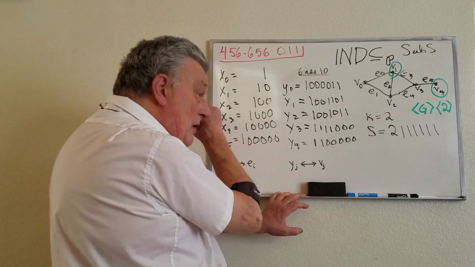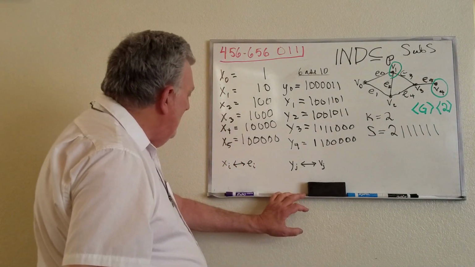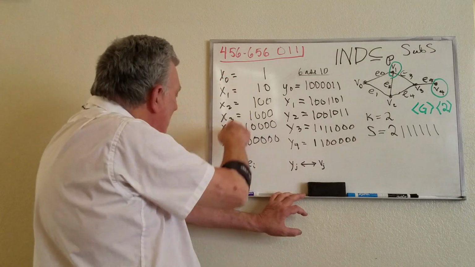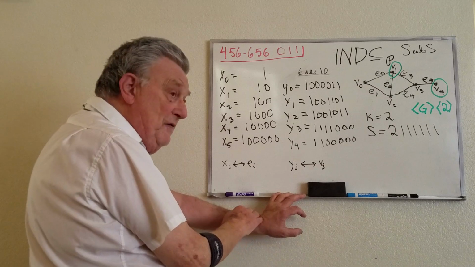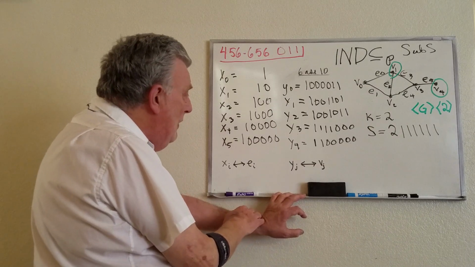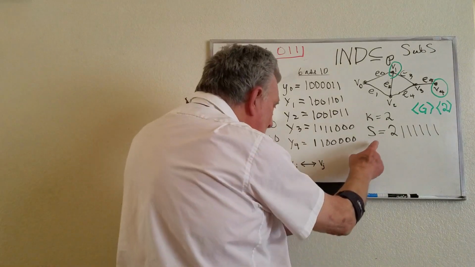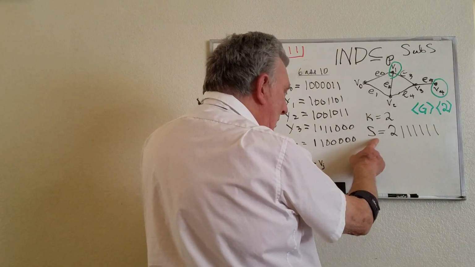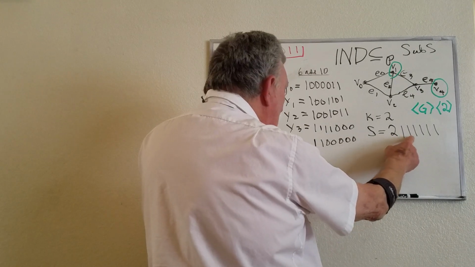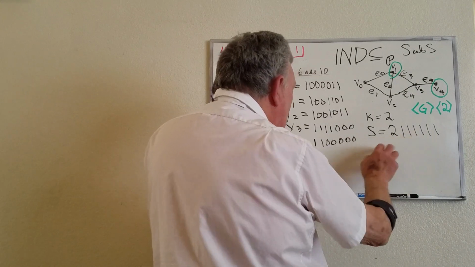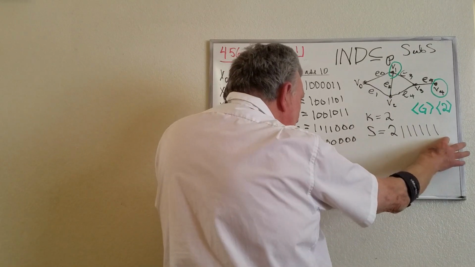So in fact, we're going to have a sequence of length 11 because we have 6 numbers here and 5 numbers here. Of that set of 11 numbers, we want a selection that totals equal to S, a given sum. And that sum will be written as 2, 1, 1, 1, 1, 1, 1. Now the 2 is K, and the other digits are all 1s.